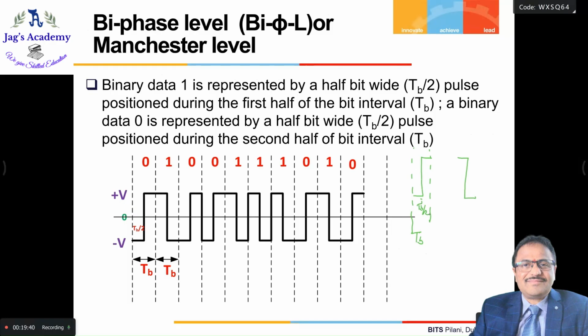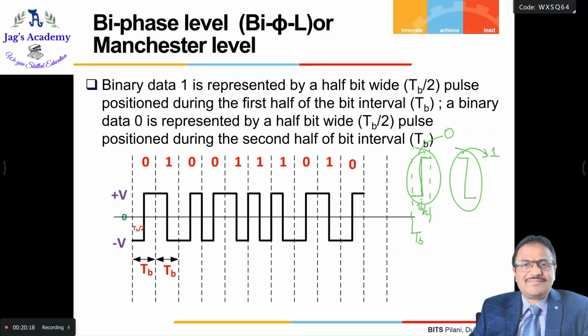Going from low level, it changes its phase at TB by 2 and goes up. This is to represent bit 0. I can represent bit 0 like this, and my bit 1 can be represented like this. So in the entire series of zeros and ones, every 0 is represented like this, and every 1 is represented like this. It's fixed.